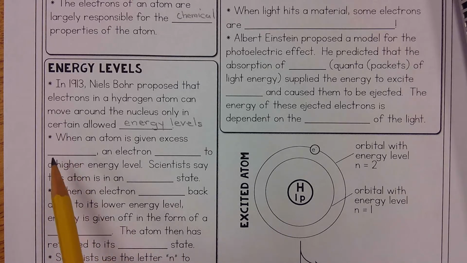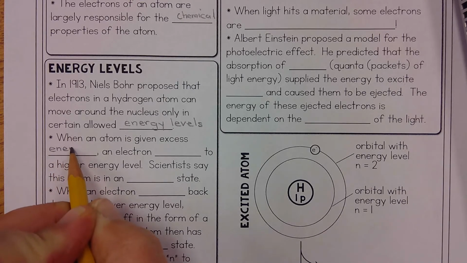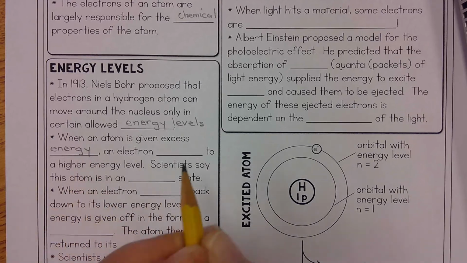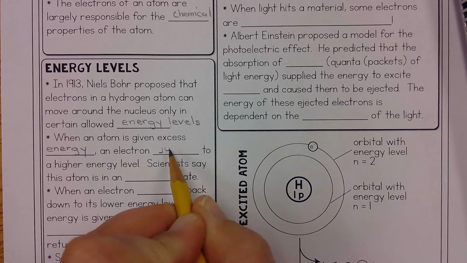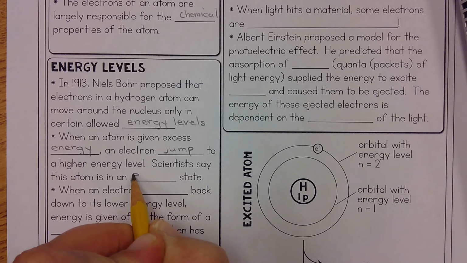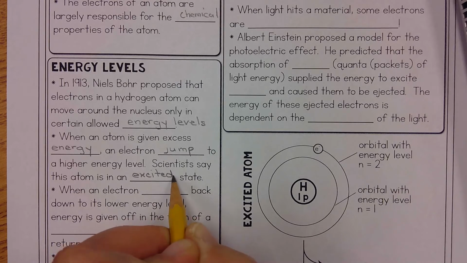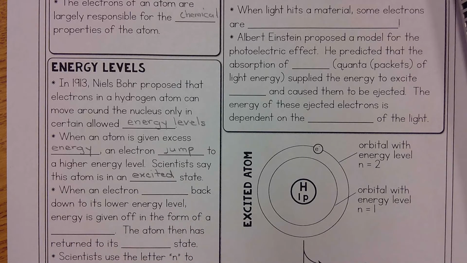But when an atom is given some extra energy, just like you, when you're given some extra energy, it will jump up to a higher energy level. When it does this, that's what we call an excited state. So it has some more energy, it jumps up to the next level.